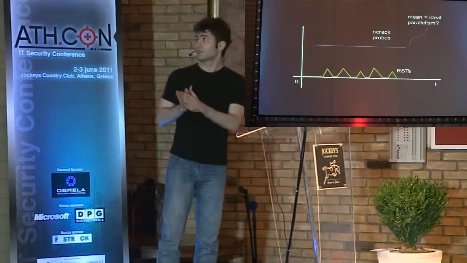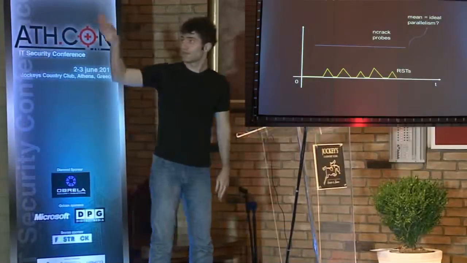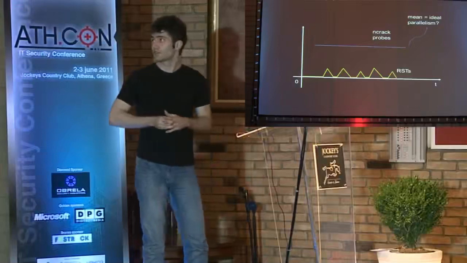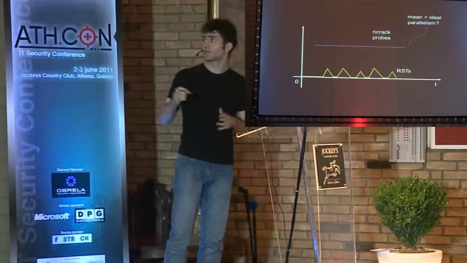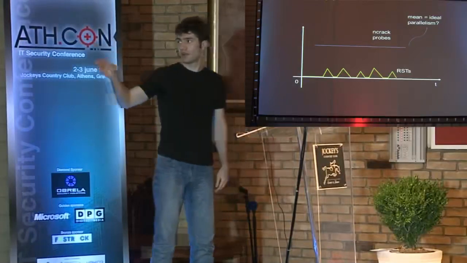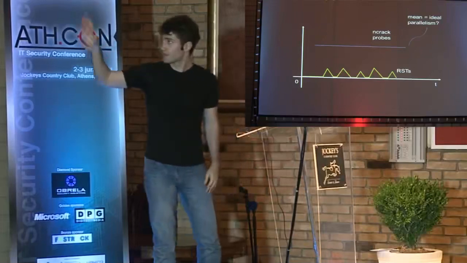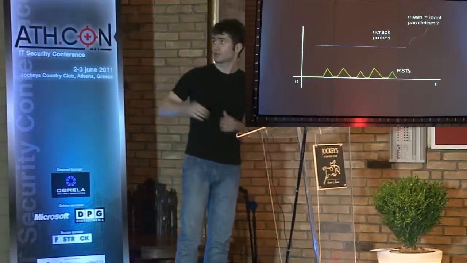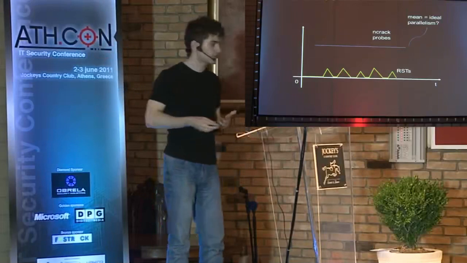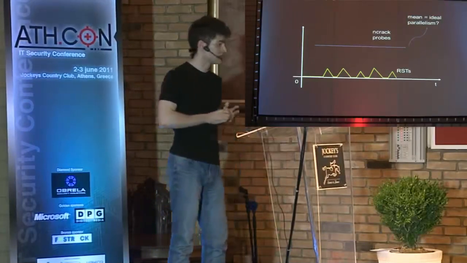Here you can see a graph of the previous example. I think the upper function isn't very well seen, but anyway, the function below, the yellow part, are the resets, while the upper part, which is a brown color, are the Ncrack probes, which are many more than the RSTs.